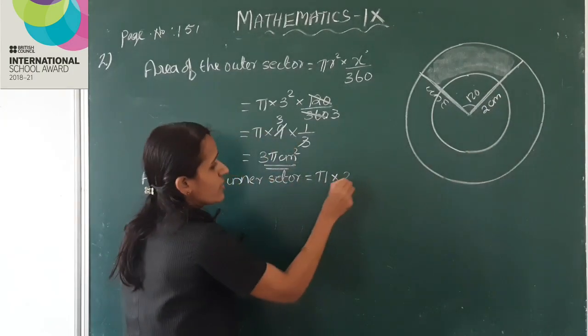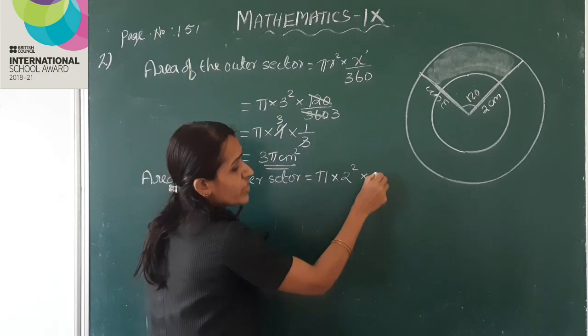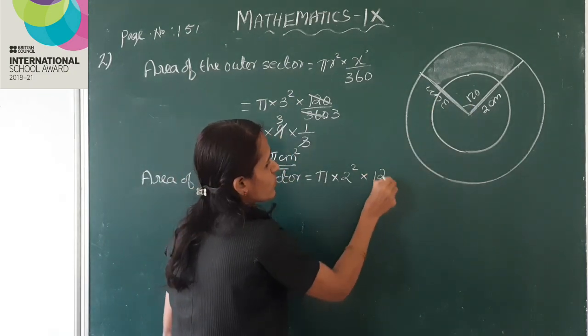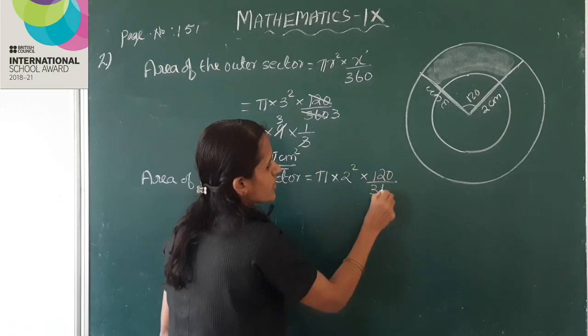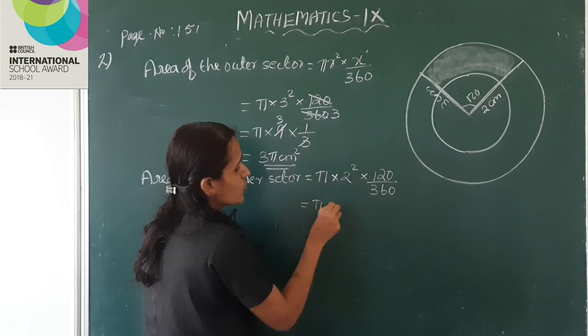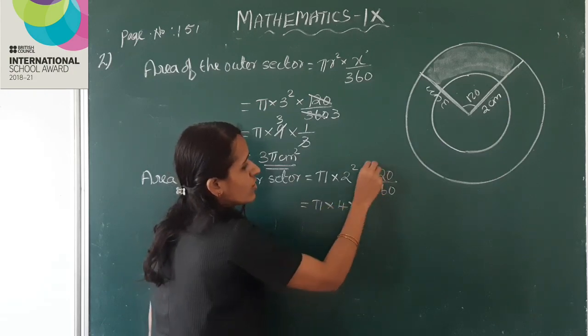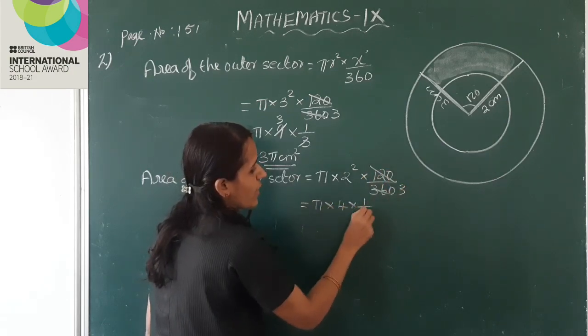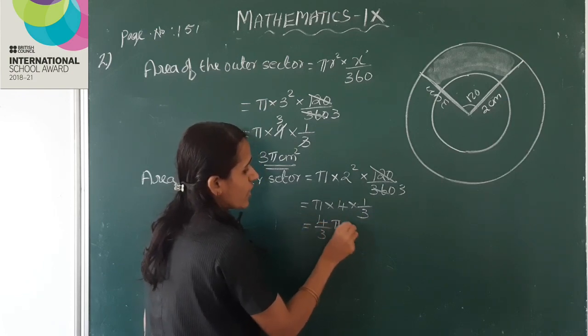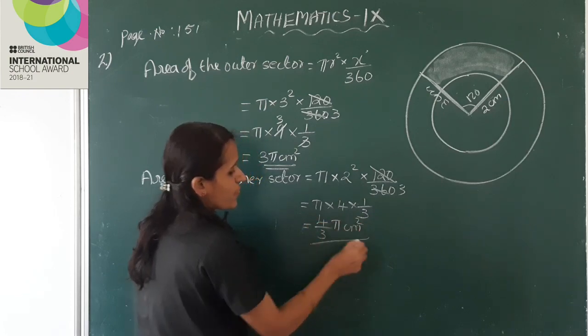So substitute 2 square into x degree. Here x is 120 degree. So 120 degree by 360. This is equal to pi into 2 square is 4, into 1 by 3. This is equal to 4 by 3 pi centimeter square.